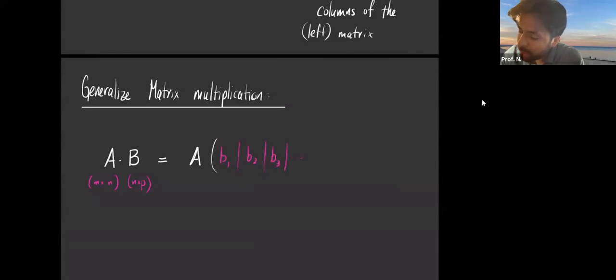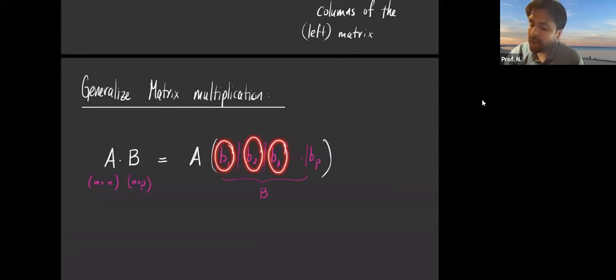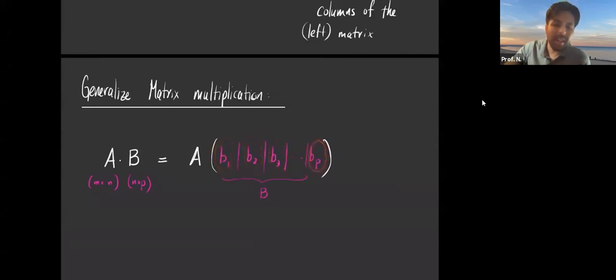And then we have how many of these? We got P of them. What did I just do? I took the matrix B and represented it as columns. So this is my first column of B, my second column of B, my third column of B, and my pth column of B.